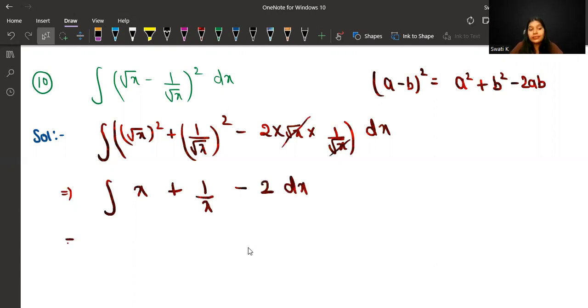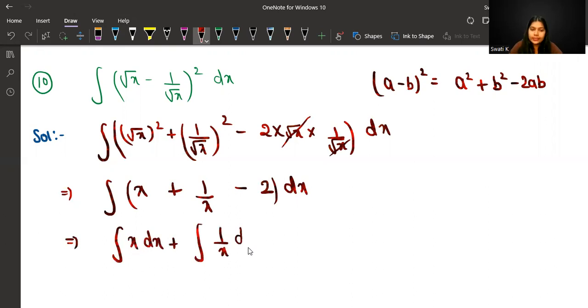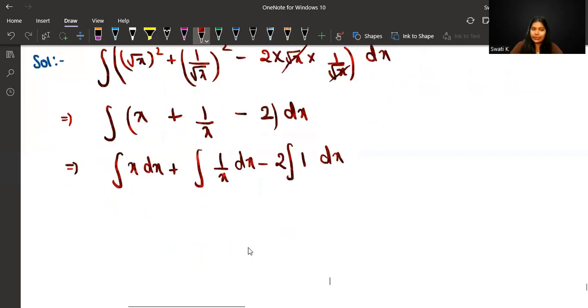I'm again writing one step here, and that is distribution of integration: integrate x dx plus integrate 1 upon x dx minus integrate 2 into 1 dx, because we can write 2 as 2 into 1, where 2 I have taken outside.